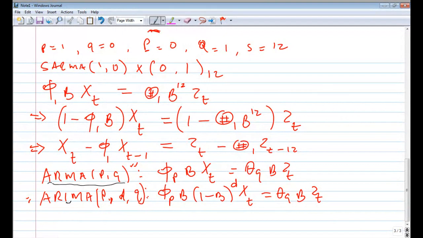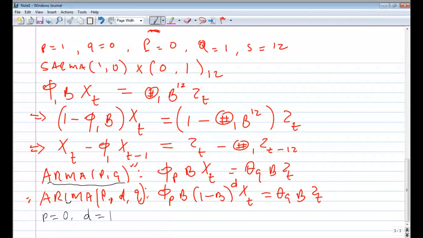So now, let's say for argument's sake, our P is equal to 0 and our D is equal to 1. What does that mean? It means that we difference the process only once and the process becomes stationary.